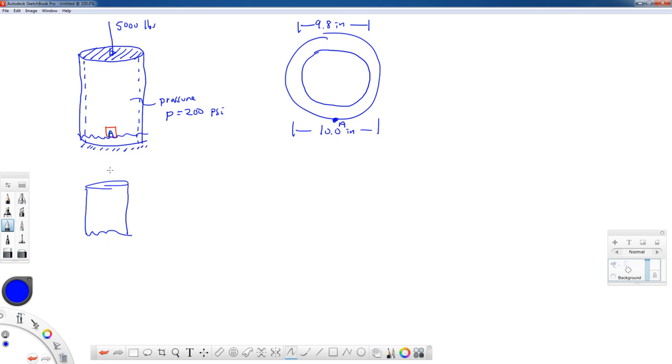Our pressure really doesn't come into our equilibrium equations because we accounted for that when we developed our pressure vessel equations. So we have 5,000 pounds on this pressure vessel from the axial force. And there's my point A. So let's draw this point A out here to the side.